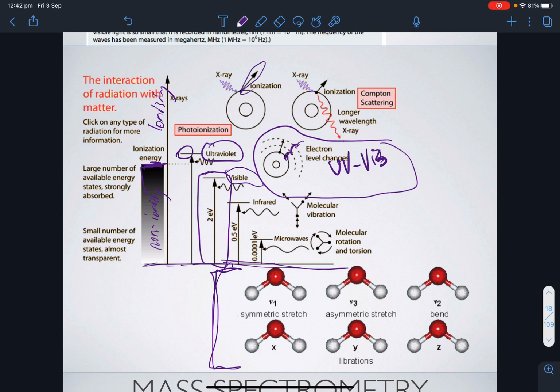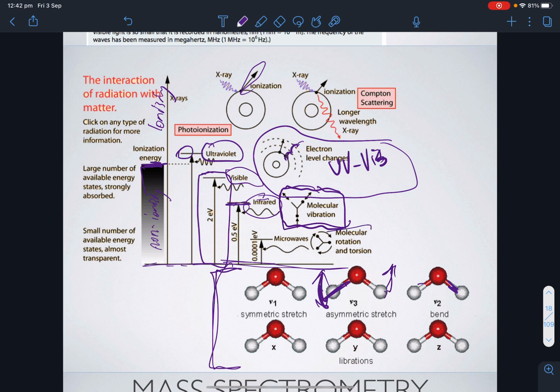Now infrared, you can see, has a lower energy again, okay, longer wavelengths. It interacts with matter, looking at vibrations, okay, so stretches and stuff like that. So stretches and bends, okay, going in and out, doing a wiggle but not actually breaking bonds and not promoting electrons, just moving and wiggling the molecule, okay?